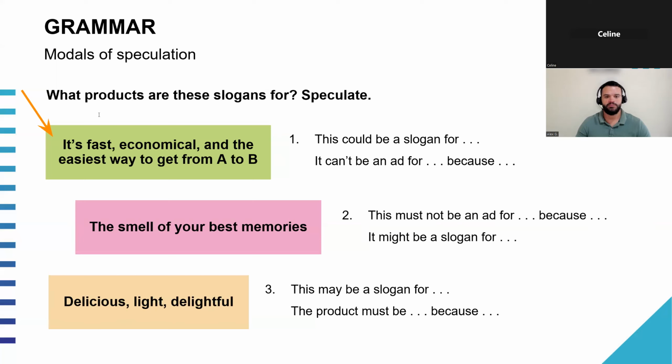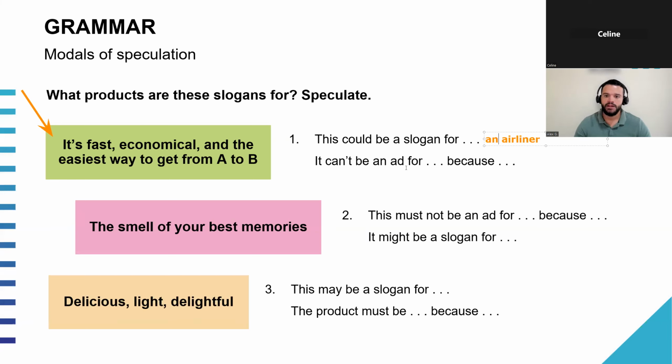So I'll give you the example. It says this could be a slogan for an airliner, like maybe Avianca or LATAM or something like that, right? It could be an airliner.